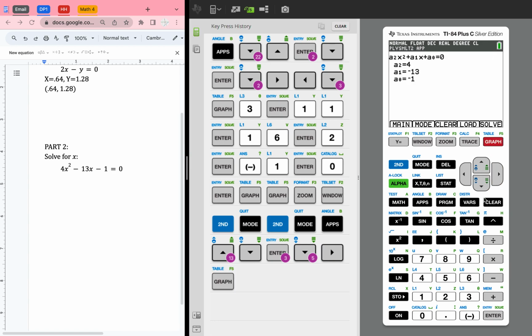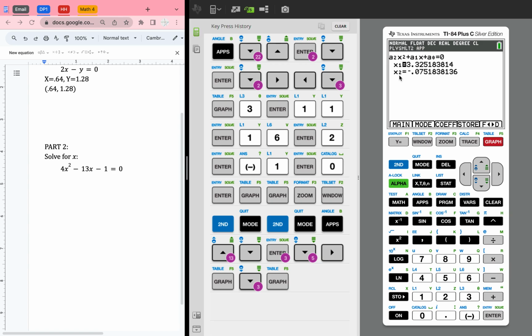And here we type in the coefficients of those terms in their variables' descending order. So the coefficient of the x squared term is 4. The coefficient of the x term, the linear term, is, since it's minus 13, it's negative 13. And the constant term, that a0 is the constant term, and that is negative 1, since the constant is minus 1. Type all those in, hit the solve button, and it gives you 2 answers.